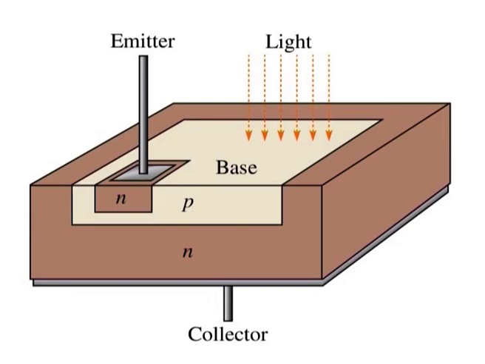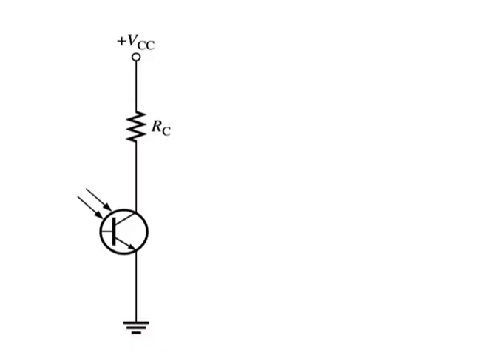When there is no incident light, there is only a small thermally generated collector-to-emitter leakage current, ICEO. This dark current is typically in the nanoampere range. When light strikes the collector-base p-n junction, a base current, Iλ, is produced that is directly proportional to the light intensity.